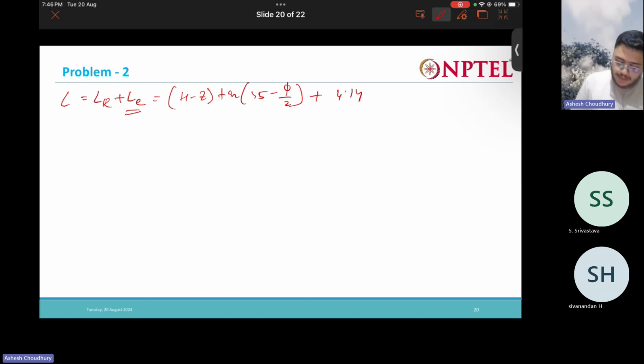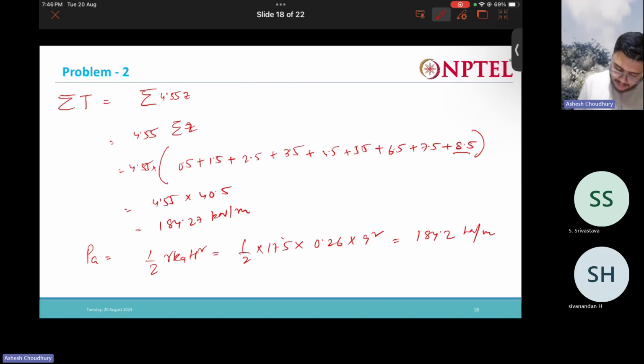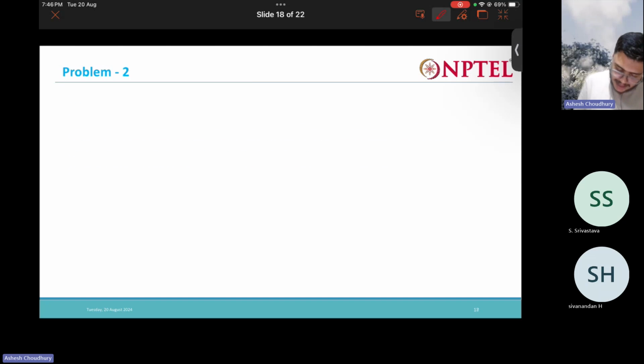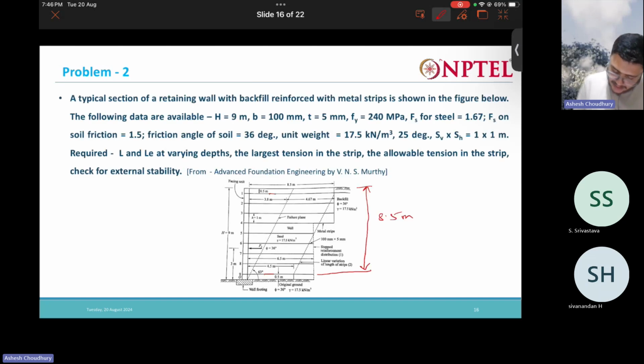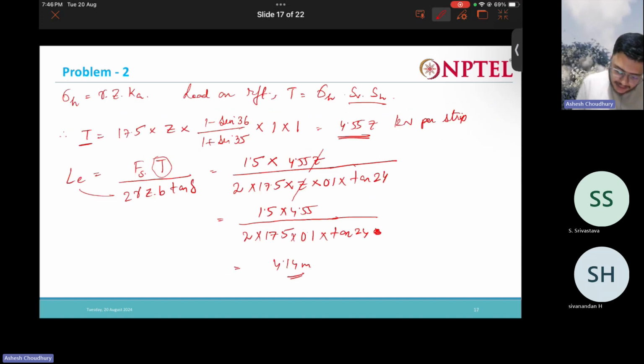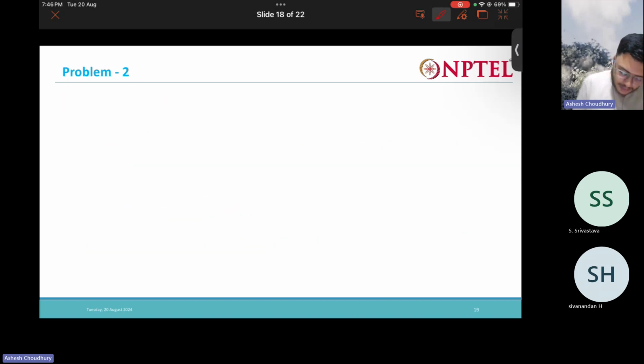With this we can check whether the length of the reinforcement that is given here is correct or not. For the topmost layer, let me put z equal to 0.5.